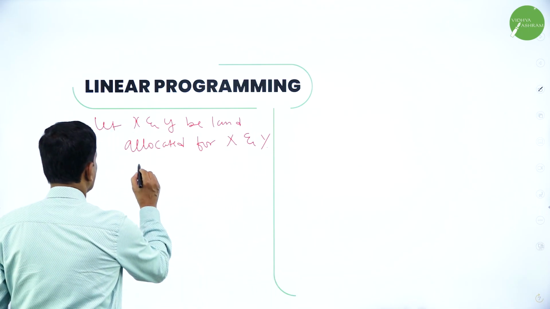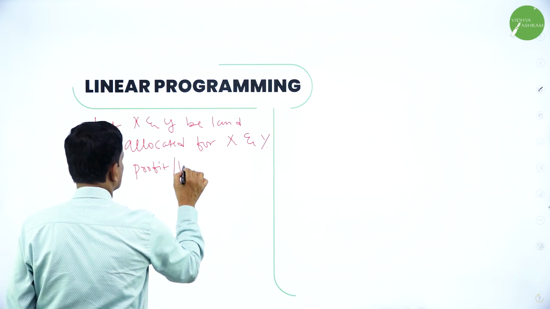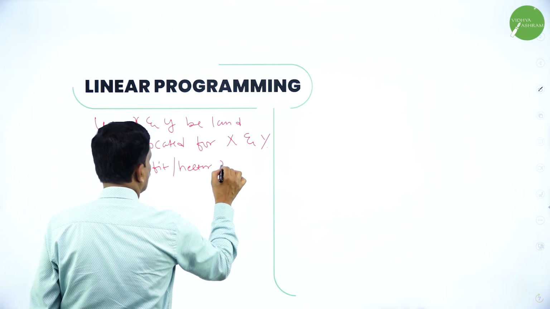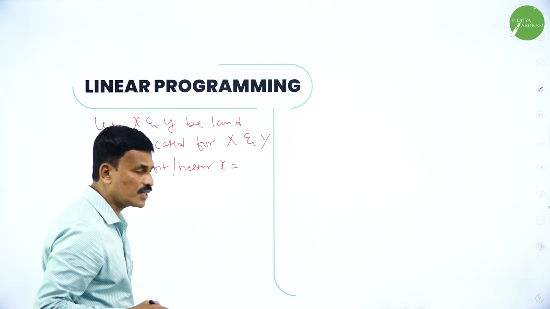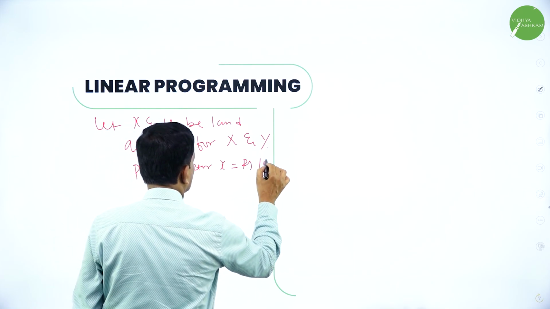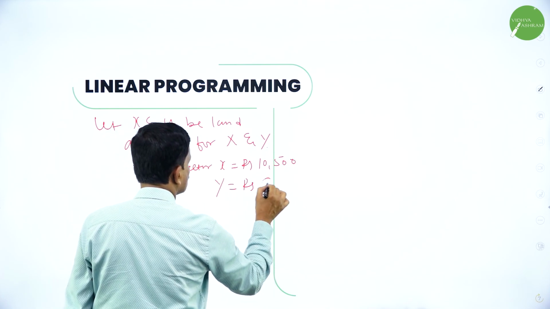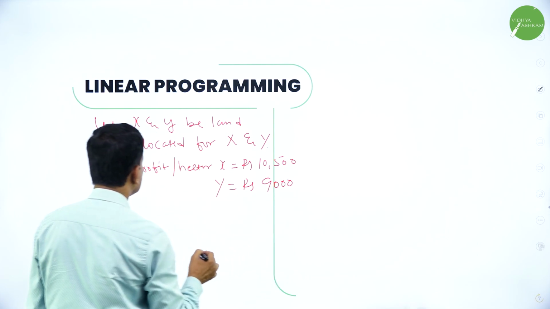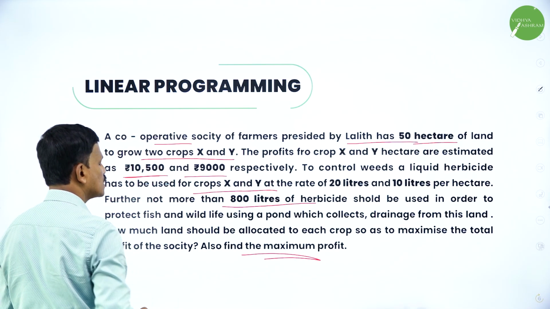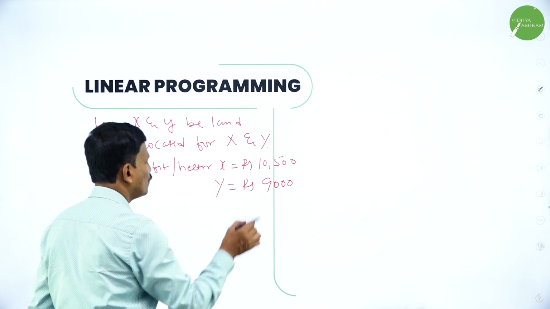Profit per hectare of X is rupees 10,500. Similarly, for Y it is rupees 9,000, that is given.